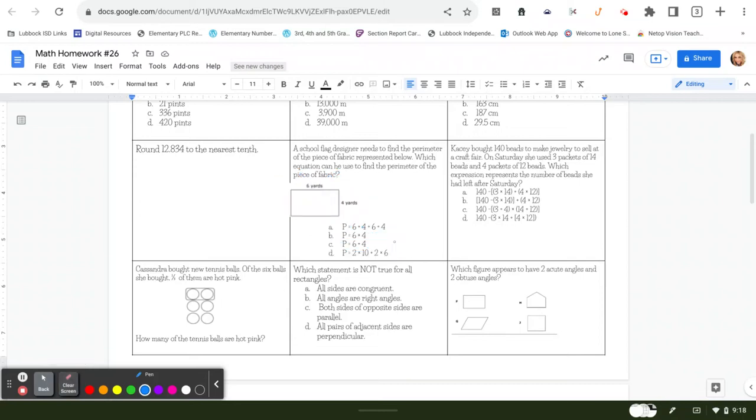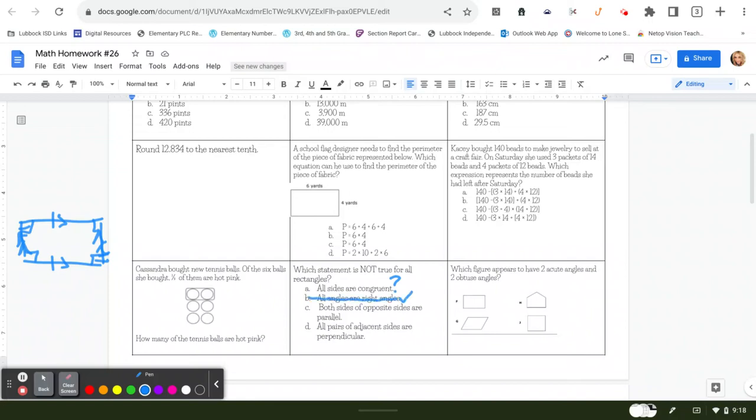Next, which statement is not true for all rectangles? Okay, let's draw a rectangle. I know this side is parallel to this side, and this side is parallel to this side. I also know these are congruent to their opposite sides, and I know these are right angles. So let's see. All sides are congruent. We'll have to come back to that one. B, all angles are right angles.